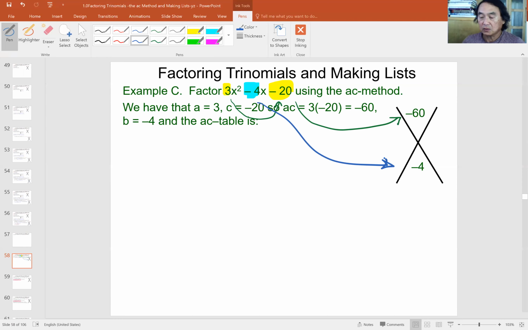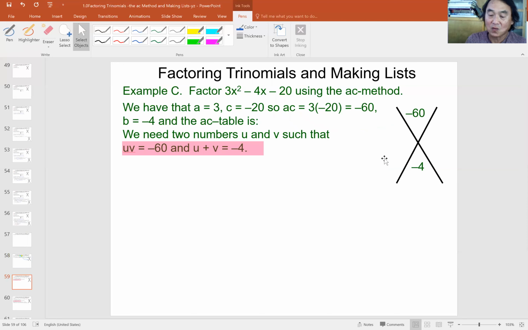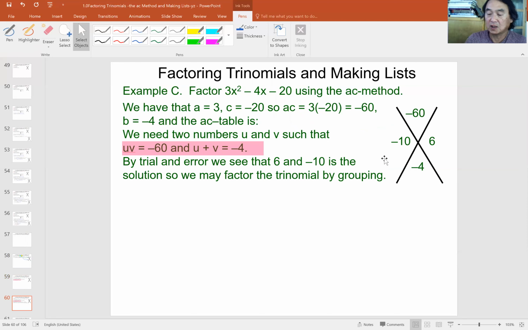And what I want to do is find a pair of numbers that multiply to give negative 60 and add to give you negative 4. And if you play around with it, check all the listing if you like, you find out minus 10 times 6 is minus 60, and they add to minus 4.